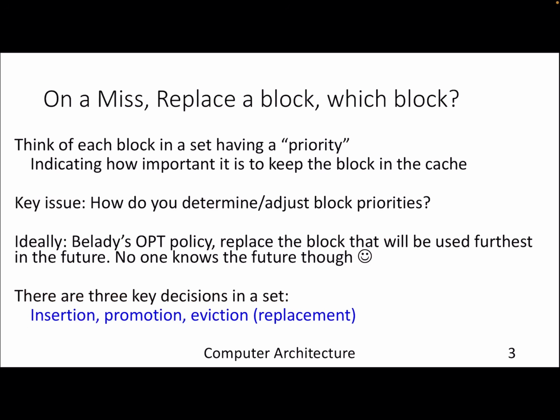But first, whenever we get a miss, we need to replace a block. Replace is also known as evicting a block, right? Because you are dealing with a fixed size cache, or a fixed set for a given index, the moment we get a miss, to accommodate space for the new data or the new address, we need to replace an existing one.